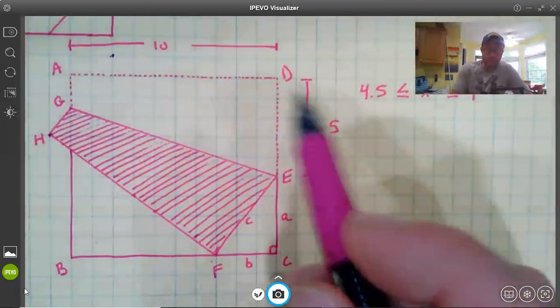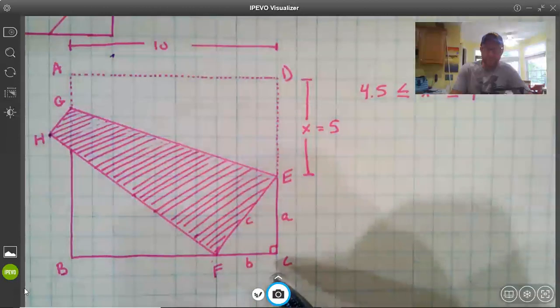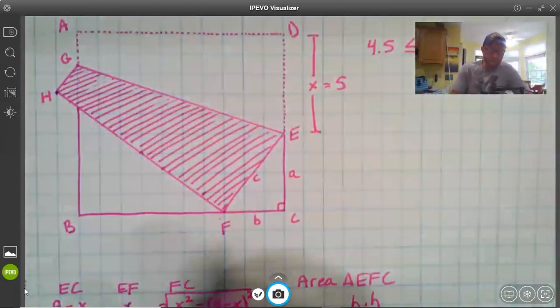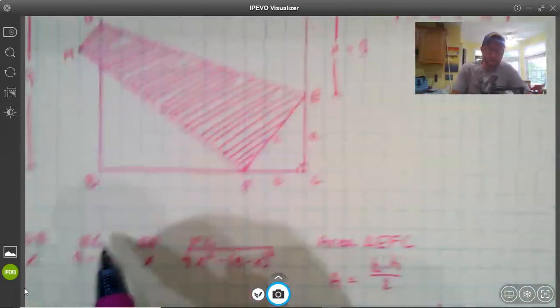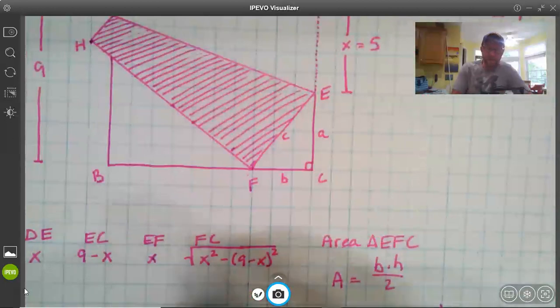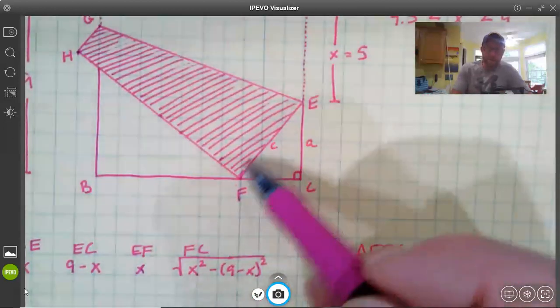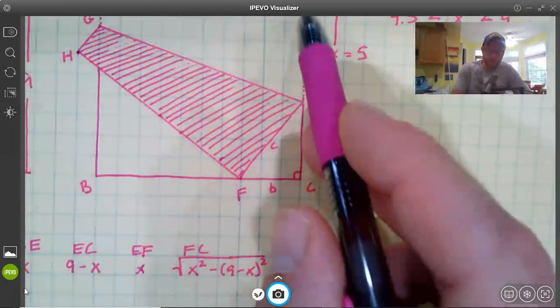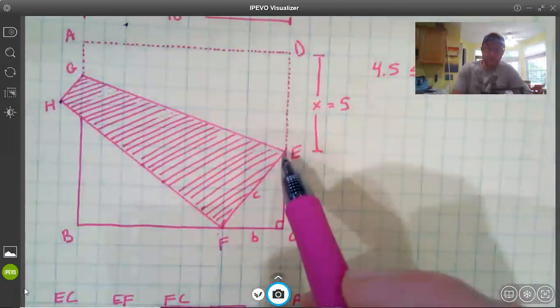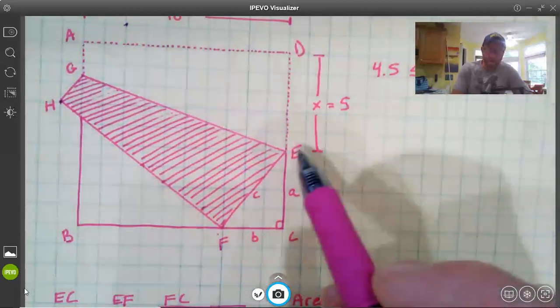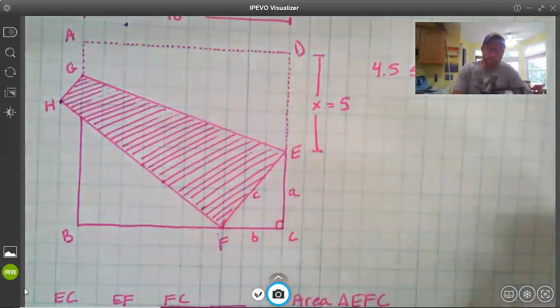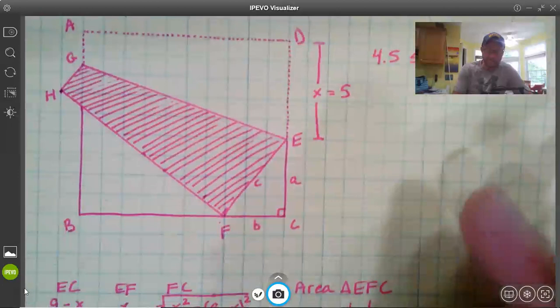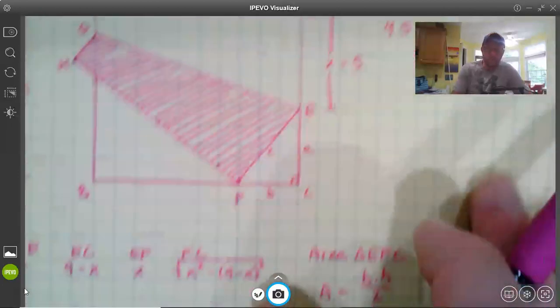In this case, since the whole piece of paper is 9 units tall, this EC part is going to be 9 minus x. EF, the part that's folded over till it touches the corner, is the same as the amount that we called x, the top of the paper that's been folded down. That's the same piece of paper, so that's also just x.